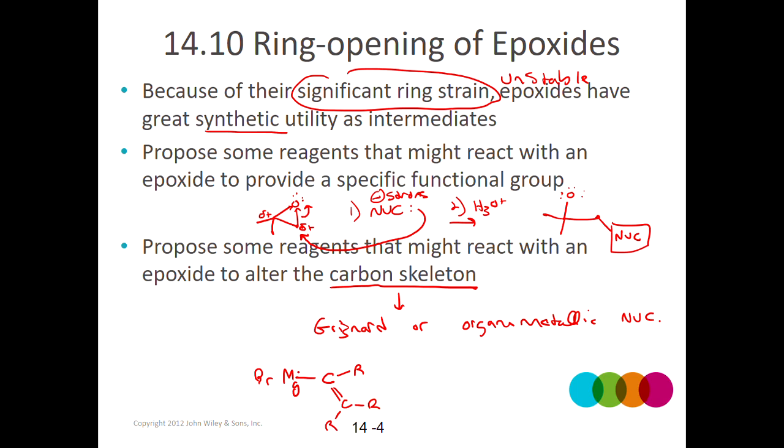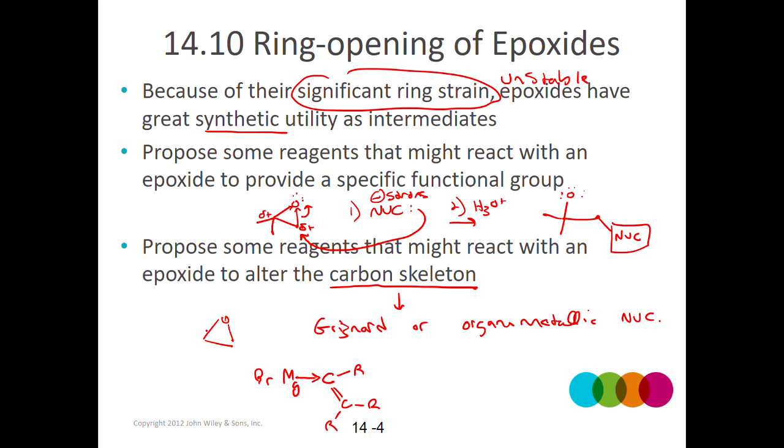Whatever is bonded there, once it's sharing electrons with a metal like magnesium, you might see lithium, other organometallics. There's always a carbon sharing electrons with a metal, and since the carbon's way more electronegative, it will pull those electrons away and attack the Grignard, or attack the epoxide.